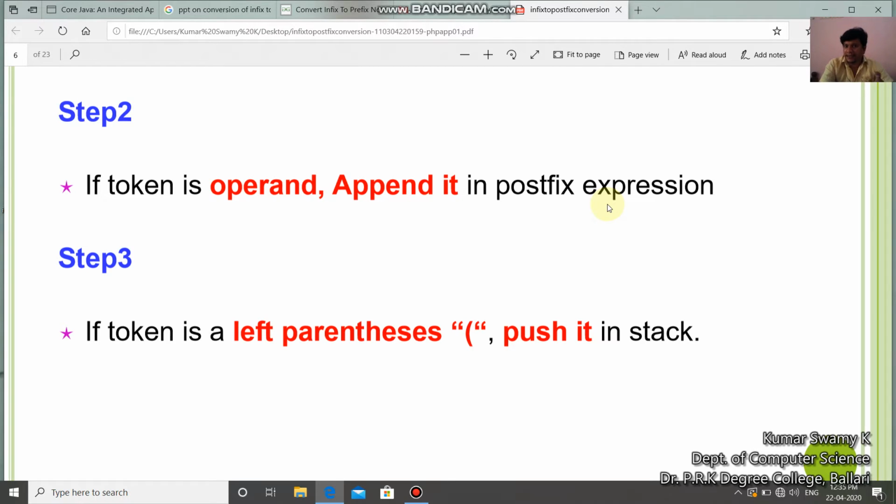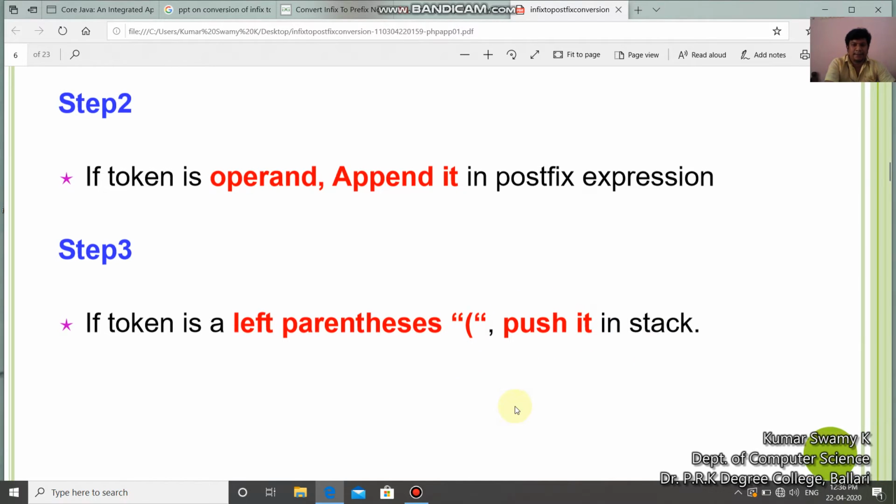If the symbol is an operand, then you have to append that operand to the postfix expression. Step 3: if the token is a left parenthesis, push it onto the stack. As the algorithm says, a left parenthesis you need to push onto the stack.